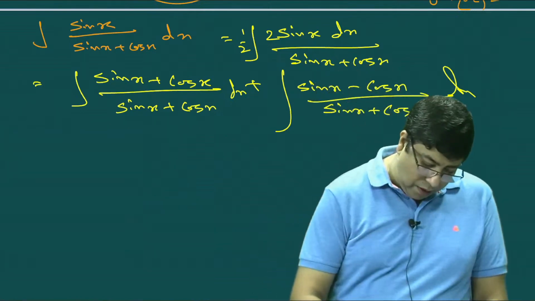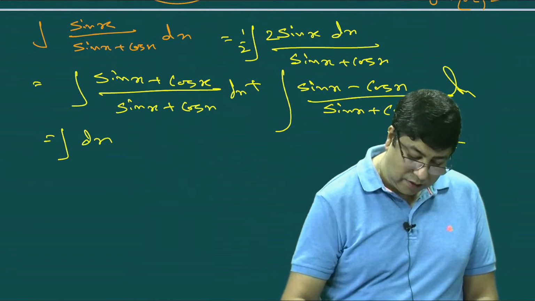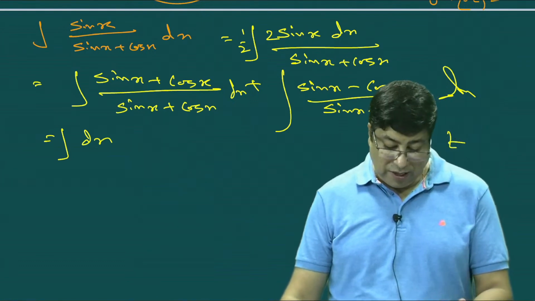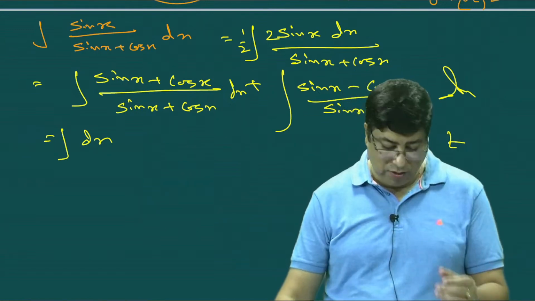Now see, this is getting cancelled and dx is coming. If we take sin x plus cos x as t, then cos x minus sin x dx equals dt, so directly we can solve the sum.